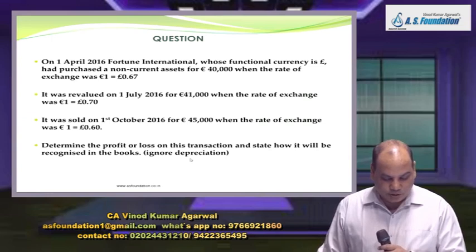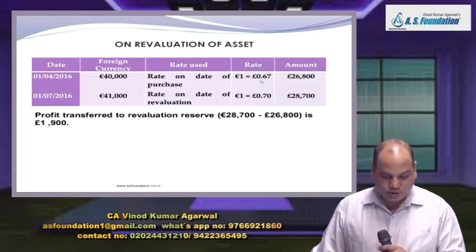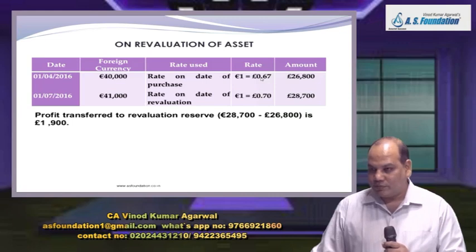What was the value of this asset on the date of purchase? What rate you have used? 0.67. Have you multiplied or divided? So what is the pound value? 26,800, correct?